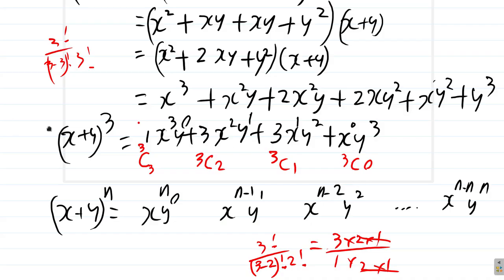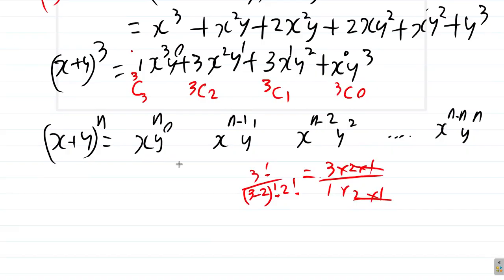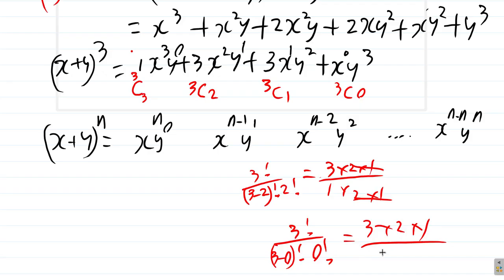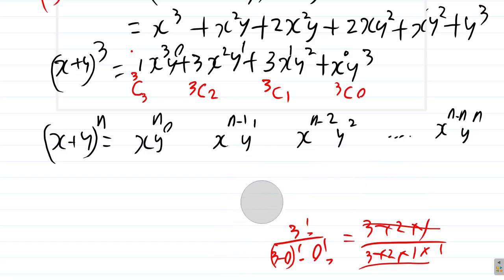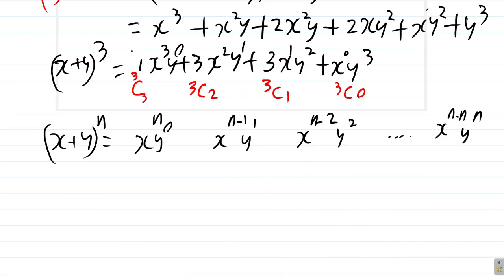You have 0 x's arranging, so 3C0 is 3 factorial over 3 minus 0 factorial times 0 factorial, which is 3 by 2 by 1 over 3 by 2 by 1, which is 3 factorial, times 0 factorial, which is 1. But all of this cancels itself, so it gives you 1. Remember, what we're doing here is just reminding ourselves how to get the binomial theorem.